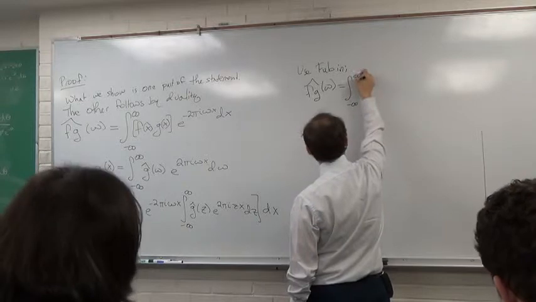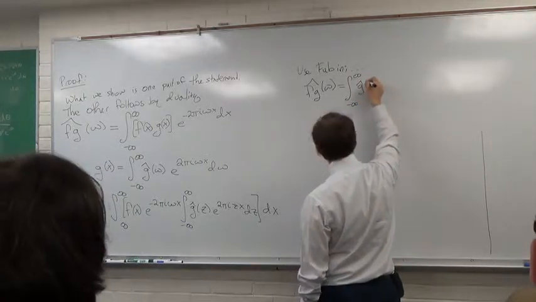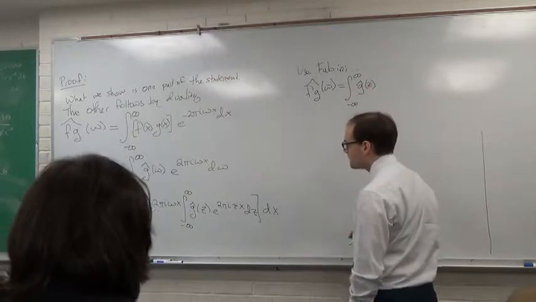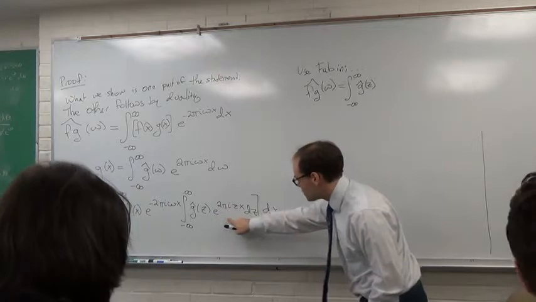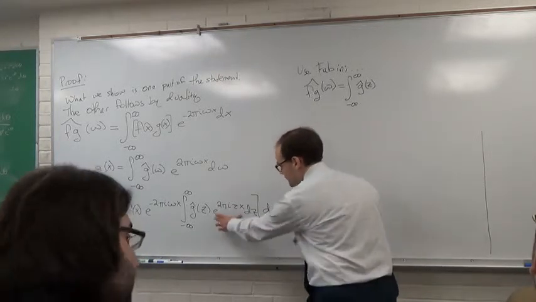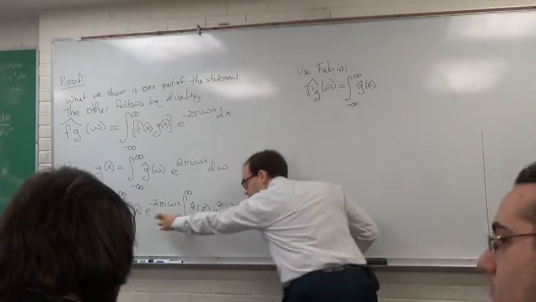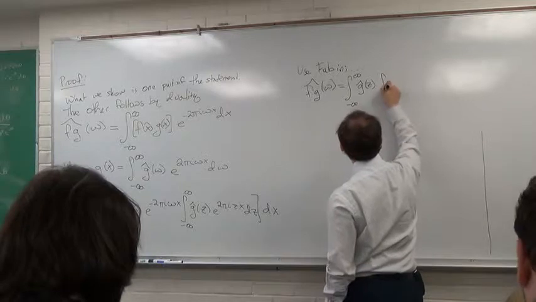So the z integral is going to be on the outside, G hat of z. And let's say the x integral is going to be on the inside. This factor can't go on the outside, because it's got an x in it. This one is going to have to go on the inside.